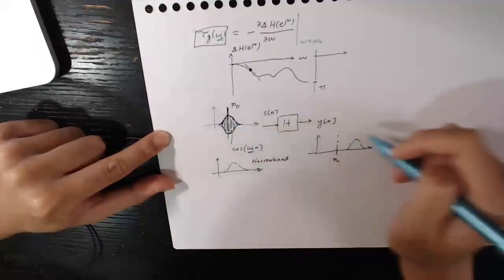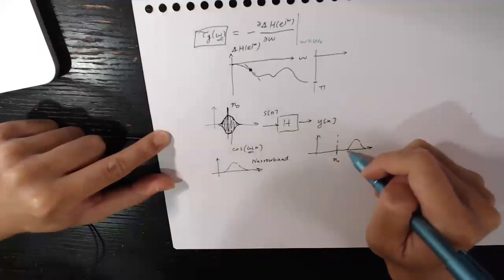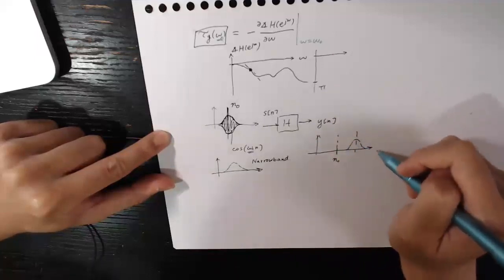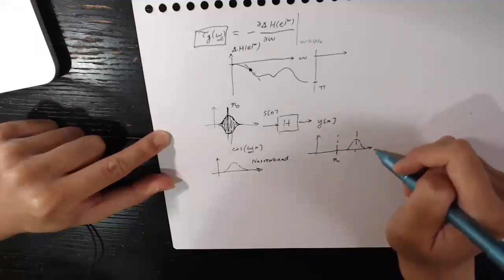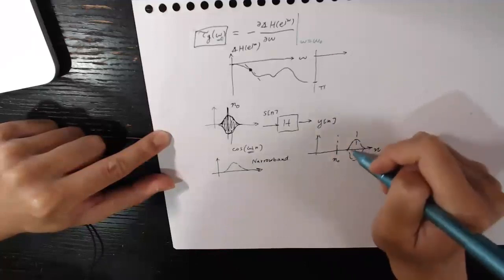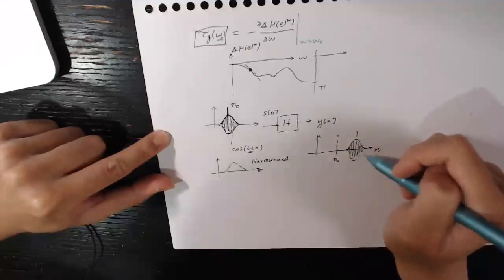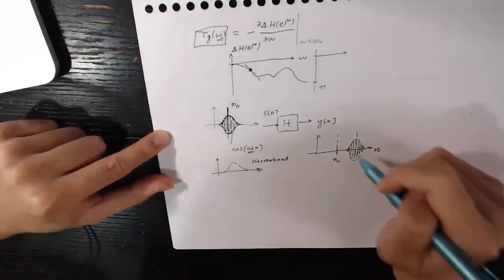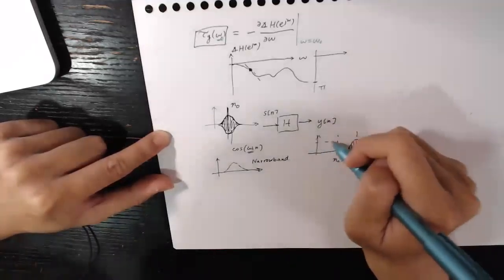After going through the system, the system can incur a delay. So now the packet is moved to the right, and this is n. The packet is moved to the right, but the envelope is pretty much going to preserve the same shape, only moving to the right with possibly also a gain.